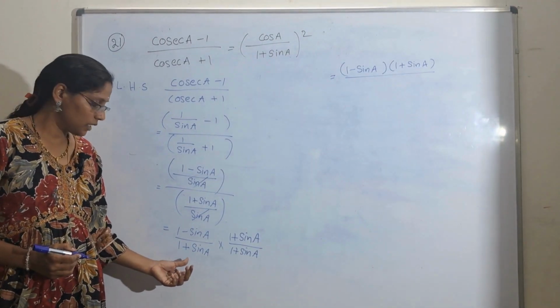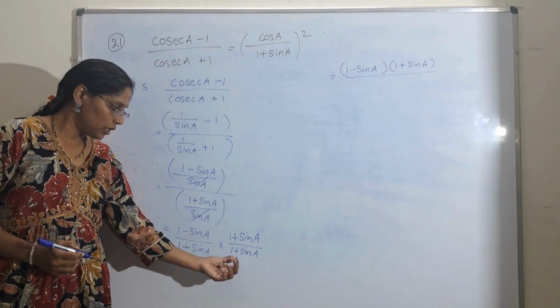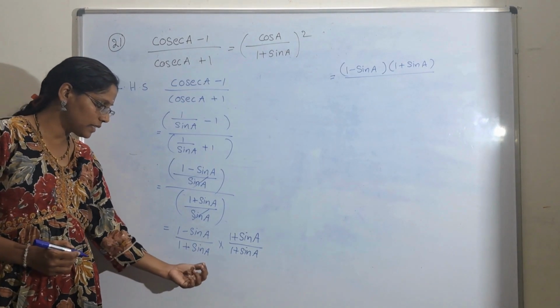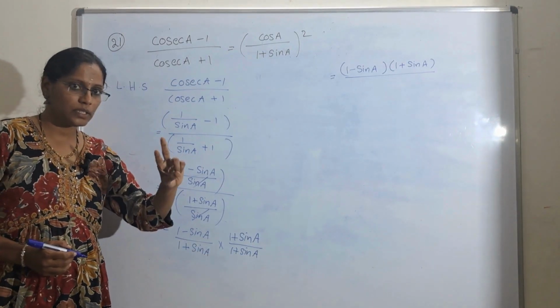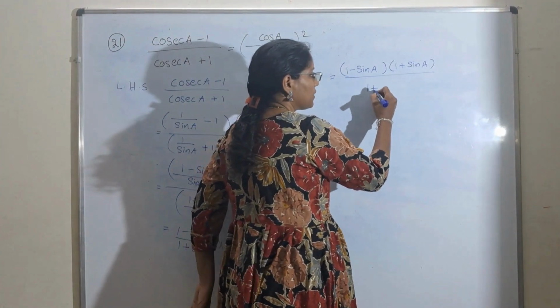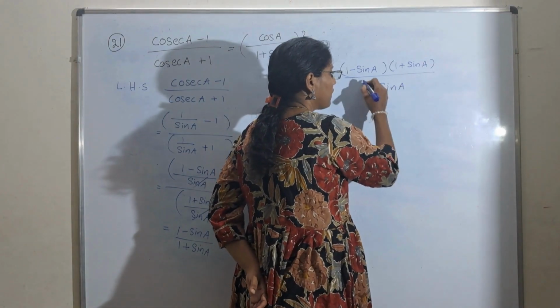What formula we can use here? A plus B into, here 1 plus sin A, 1 plus sin A, 2 times is there. So 1 plus sin A whole square we can write.